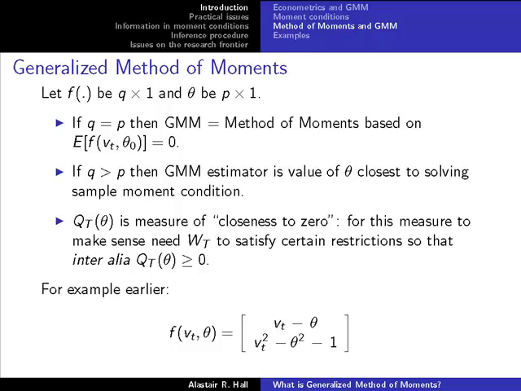So rather than being an exact solution, it's the value that's closest to solving the moment conditions. The notion of closeness is defined relative to this quantity Q_T, which represents a measure of how far the sample moment is from 0 for different values of theta. For this exercise to make sense, this measure has to satisfy certain restrictions, not least of which is that it must be non-negative.